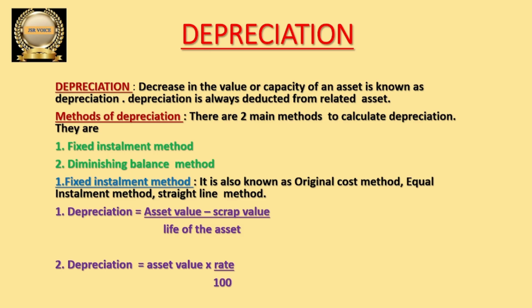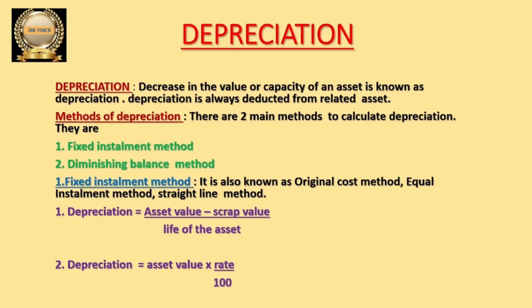It is fixed, it is the same. So that is why we call it the fixed installment method. Suppose in the first year depreciation is 5,000 rupees. In the second year also it will be 5,000. In the third year also it will be 5,000. So the same depreciation is provided every year.